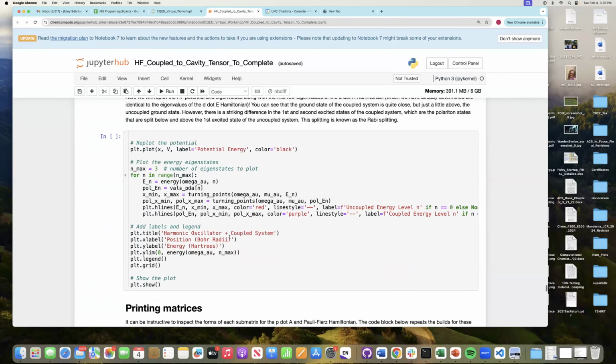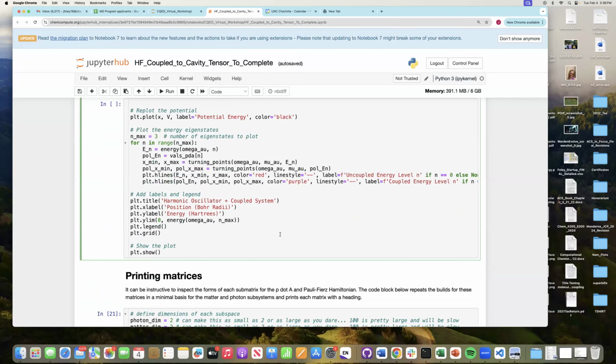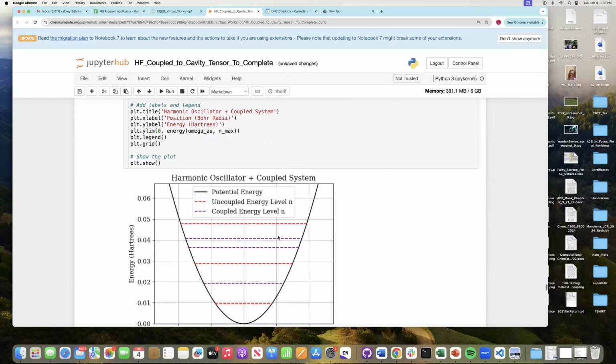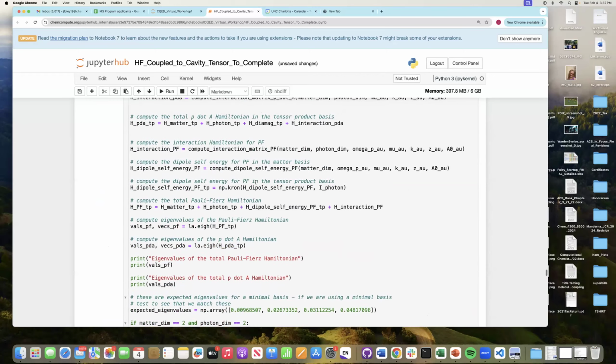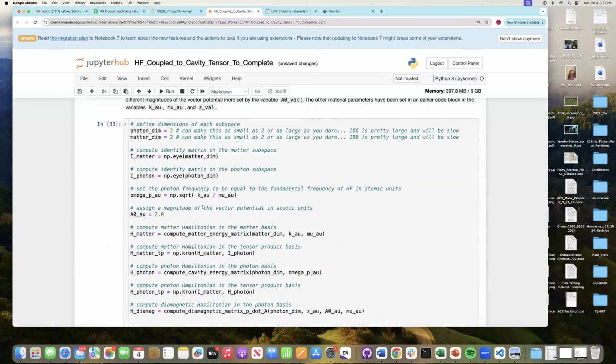All right. So now let's also come down here and run this cell. Now we're going to look at the new states that have formed from the Pauli-Fierz Hamiltonian. In this case, it looks like the ground state has been shifted up a lot too. I wonder if what has happened is that our coupling is quite strong. So I wonder if that's actually what the issue is.